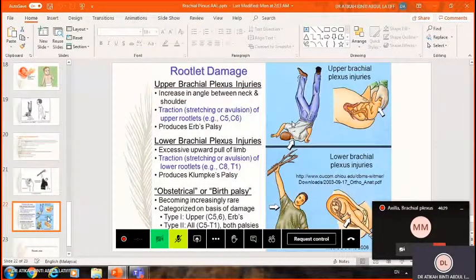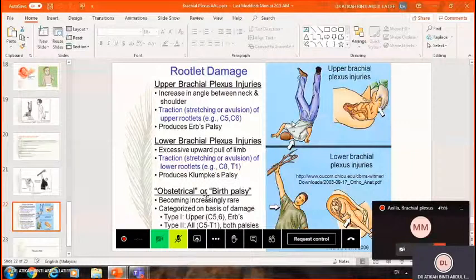Okay, so in a nutshell, an upper trunk injury will cause Erb's palsy, usually from overstretching of the neck. The lower trunk injury will cause Klumpke's palsy, or Klumpke's paralysis. Erb's palsy is the waiter's tip position. Klumpke's palsy is the claw hand deformity.